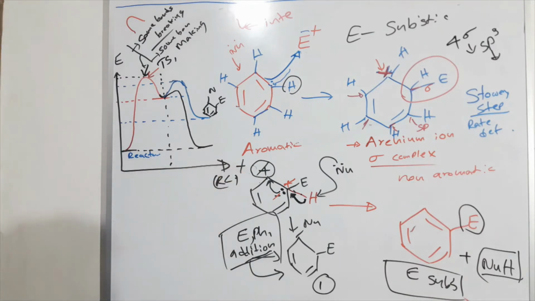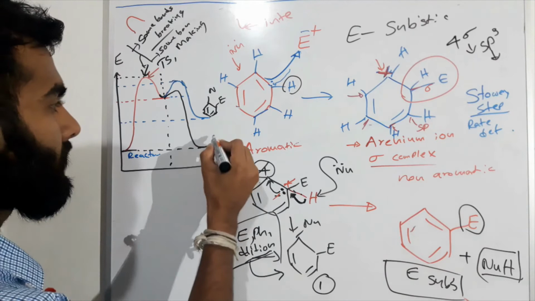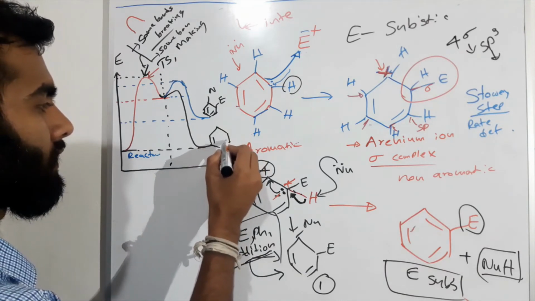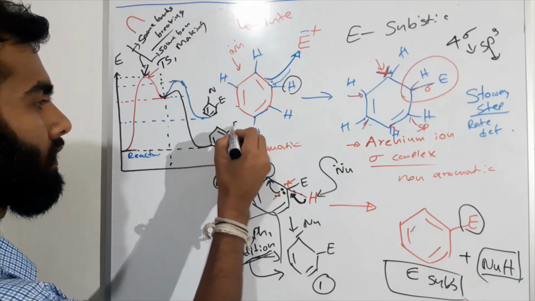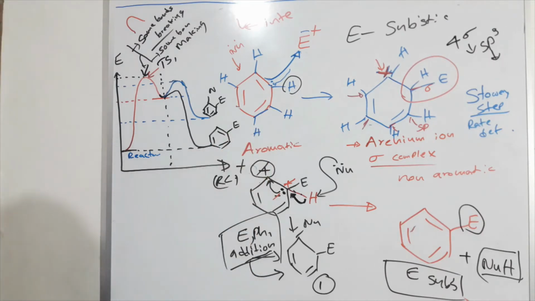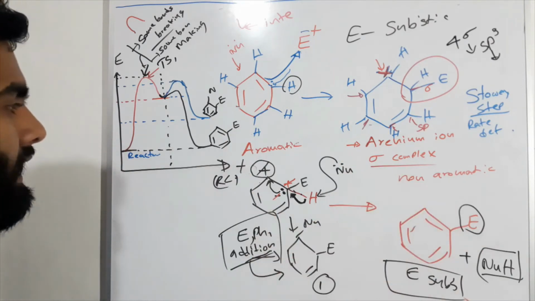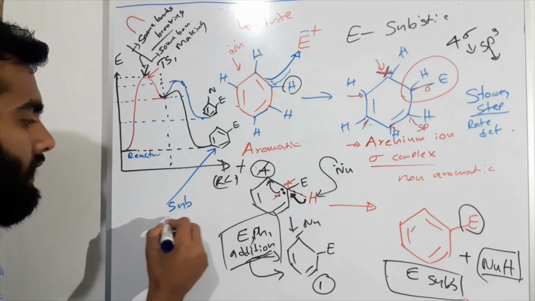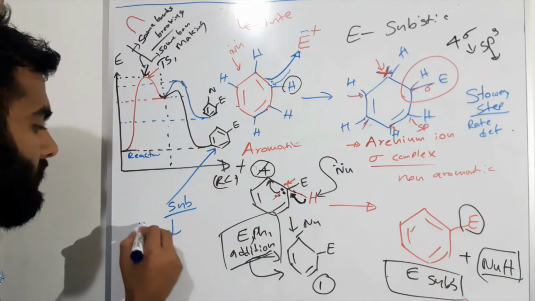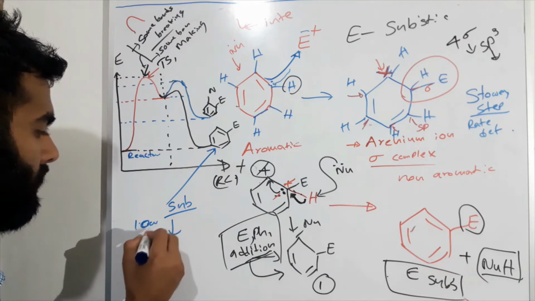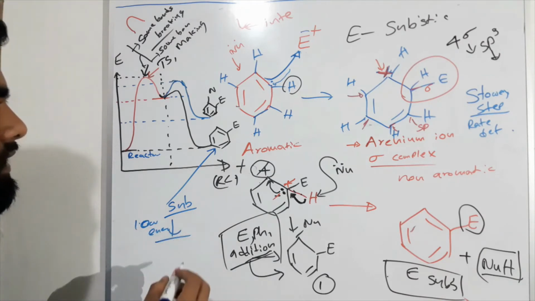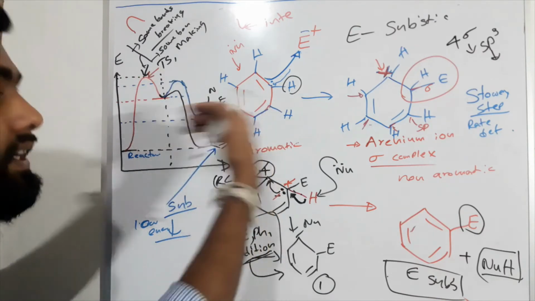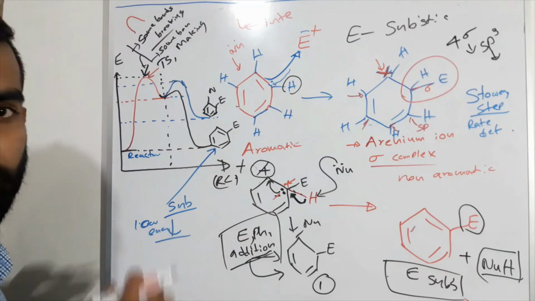What is the meaning of that? Here is the product of the electrophilic substitution reaction. You can clearly observe that the energy of the electrophilic substitution product is low energy. Here, the addition product is much higher energy. It contains much higher energy than the substitution product.